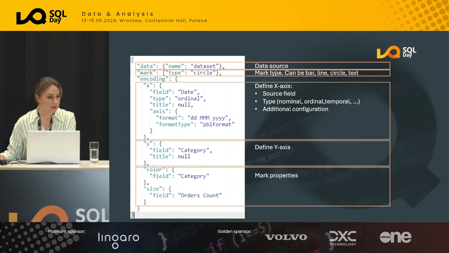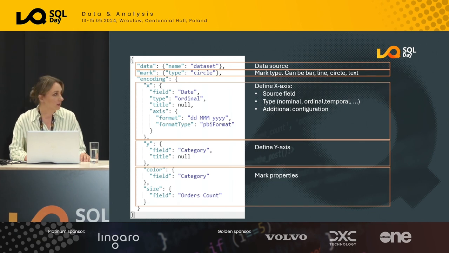Then we have the x-axis definition. The rest is enclosed in the encoding section, so how we encode our mark definition. For the x-axis, the source field is date, and the type is ordinal here. It can be nominal, temporal, actually not that many of them, and you can easily navigate through them.